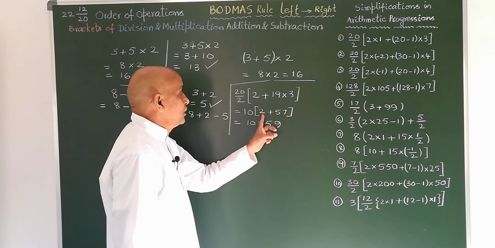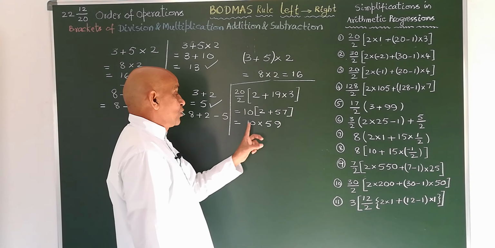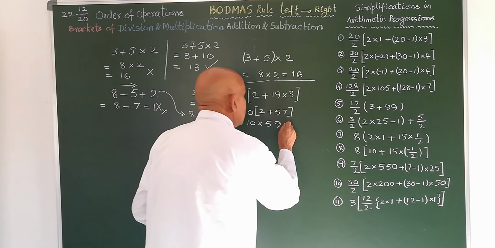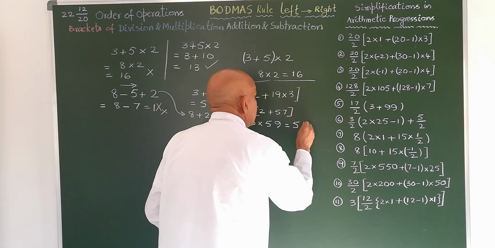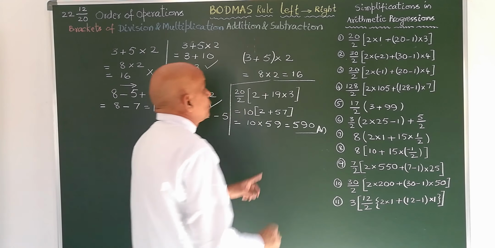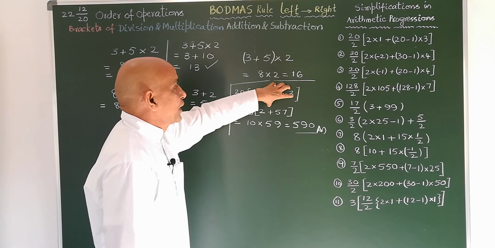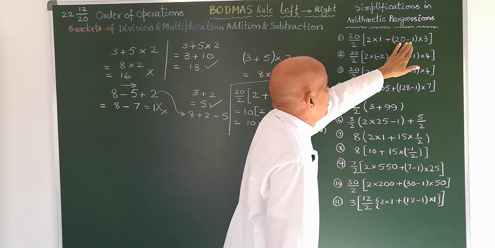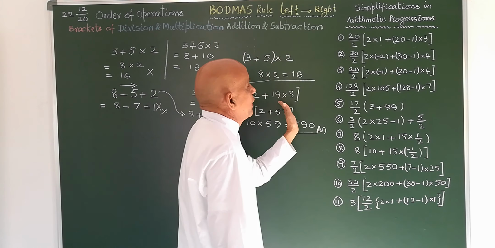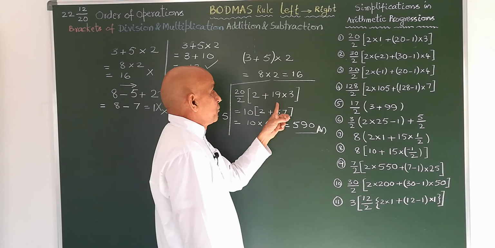Now when you simplify this bracket, then you need not put this bracket symbol. So 59 into 10, this is 590. So this is the answer. So here we have applied the BODMAS rule. Brackets we have simplified, then we have not put the bracket. 20 minus 1 is 19, we have put here.